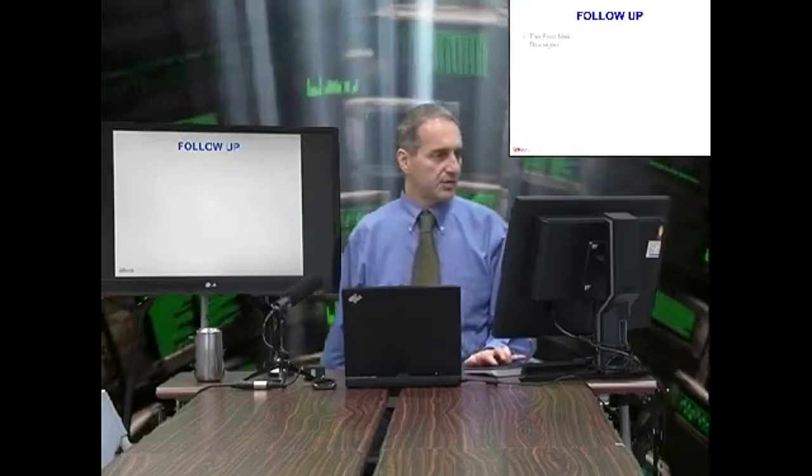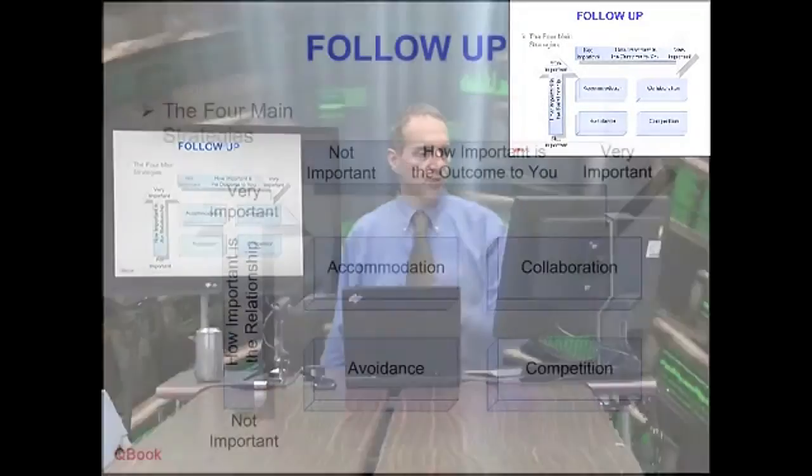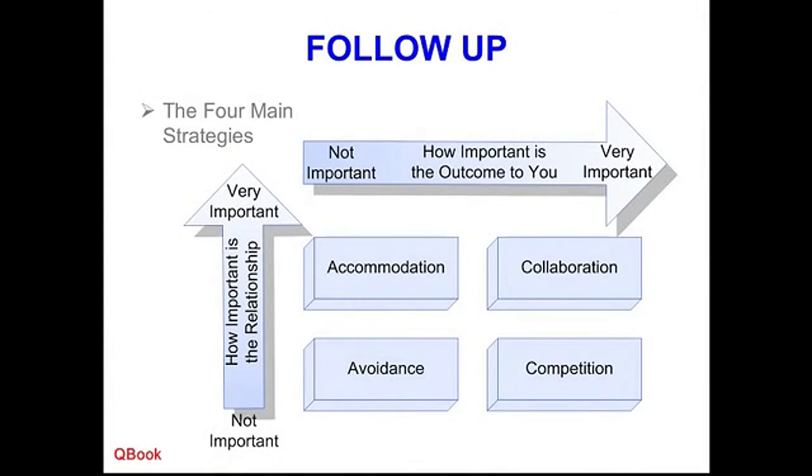Okay, let's put these all together here. So here we have our 4 strategies and our 2 questions. I think this is really quite amazing, and it's something you need to really keep in mind because it's not as complicated as one would think. What we're looking at are 2 basic questions and 4 fundamental strategies.